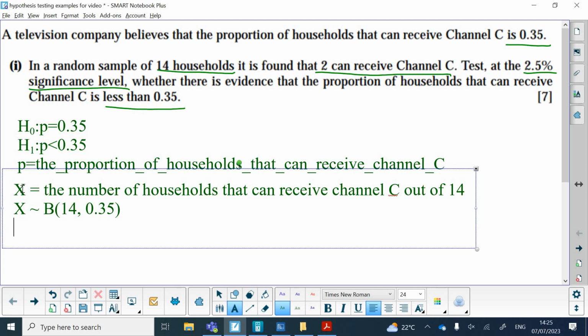Right. So we want to find the probability of getting something at least as extreme as 2 if that null hypothesis is true, because then we'll find out how rare it is, and we can decide if it's too rare for us to think that the null hypothesis really is true. So we're going to find this probability. We always look at the same tail as the alternative hypothesis.